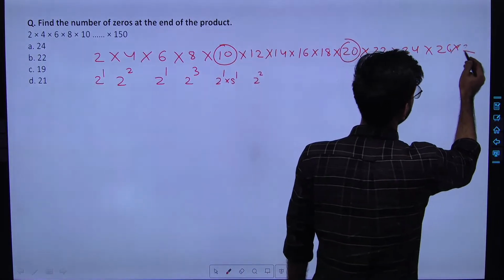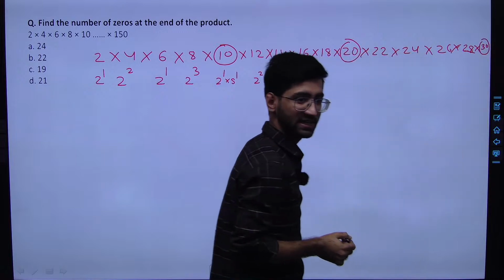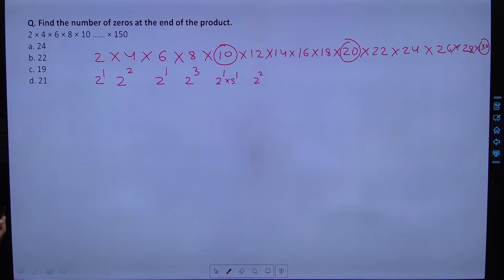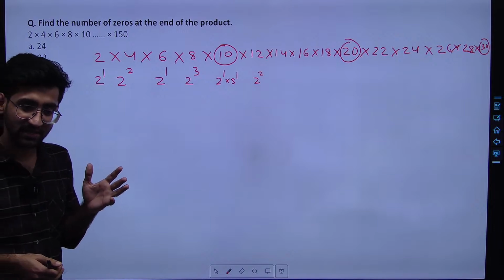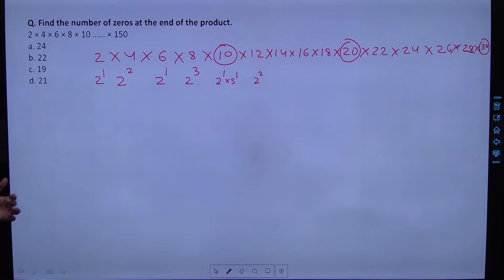If you look further, you will find that 5 will be present in 30. 5 will be present in 40. 5 will be present in 50. Means you have to think about 10, 20, 30, 40, 50, 60, 70, 80, 90, 100, 110, 120, 130, 140 and 150.